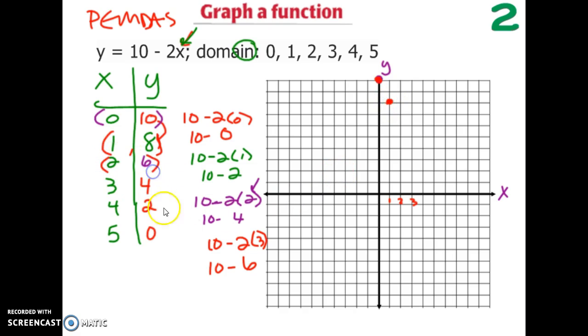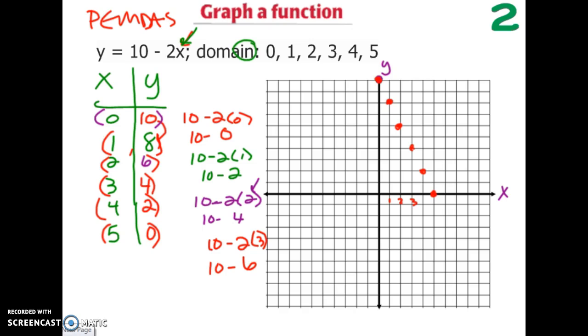Then 2 on our x-axis, and y is 6, so 2 to the right, up 6. 3 to the right, up 4. Here's 3, up 1, 2, 3, 4. 4 to the right, up 2. And then last, x is 5, so 5 to the right and 0. Not up and down, just right there. So we have graphed this function.